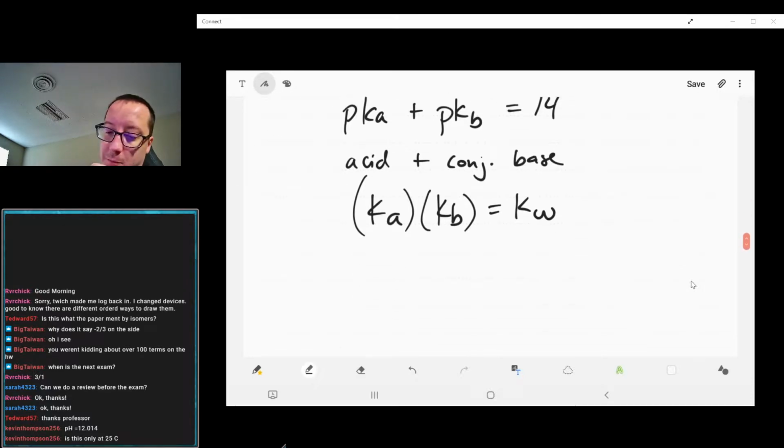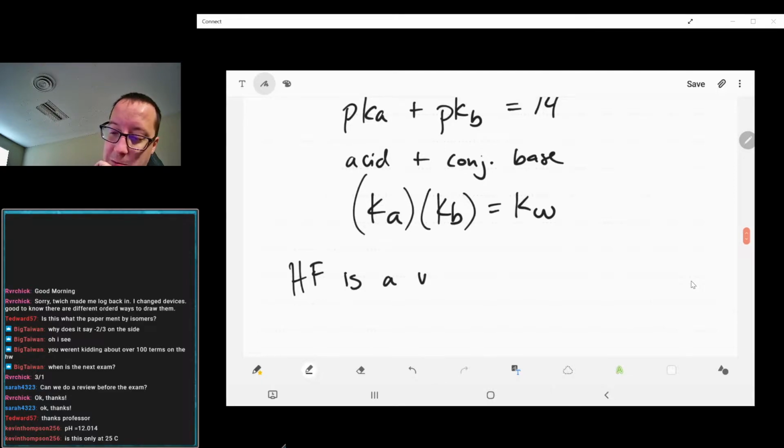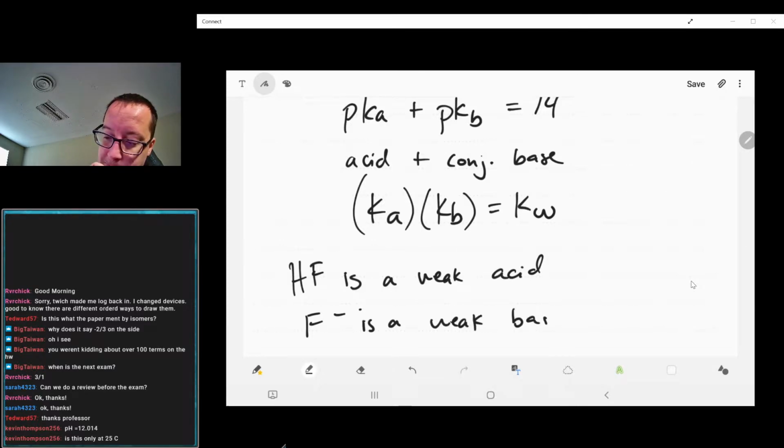So we know that HF, for example, is a weak acid. And we know, therefore, the conjugate base of that acid is the fluoride ion, and we would expect it to be a weak base. If we go ahead and look up the pKa of hydrofluoric acid, here it is.